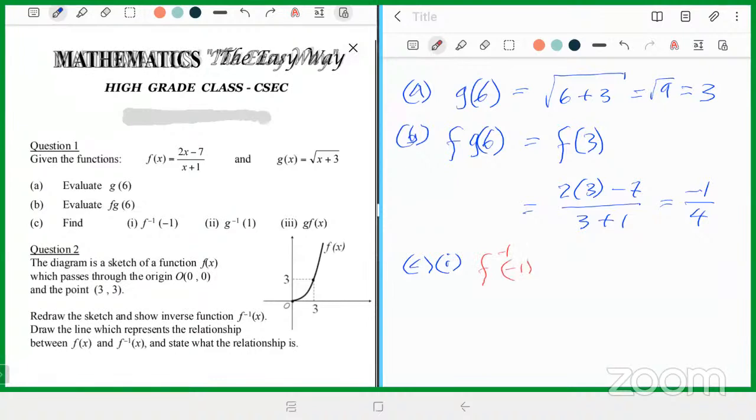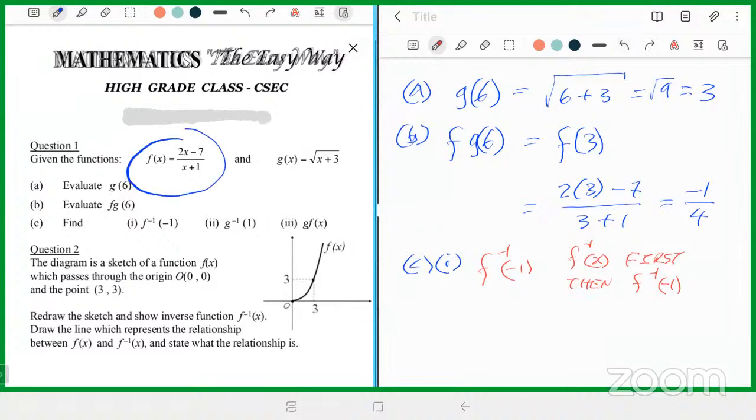How are we going to do it? We're going to do f to the minus 1 of x first, and then we can work out f to the minus 1 of negative 1. So we have to calculate the inverse of this function f, f to the minus 1.